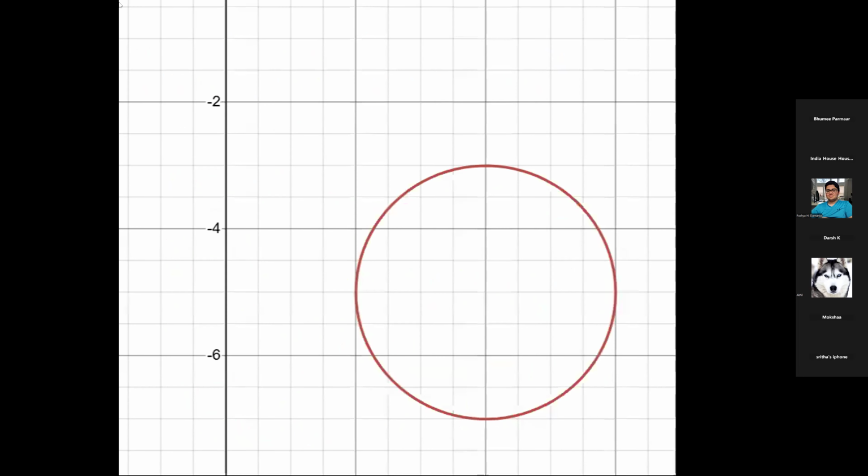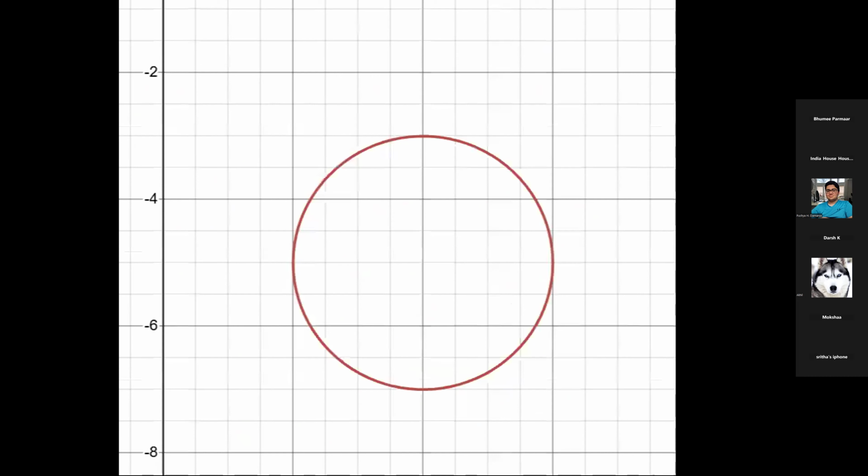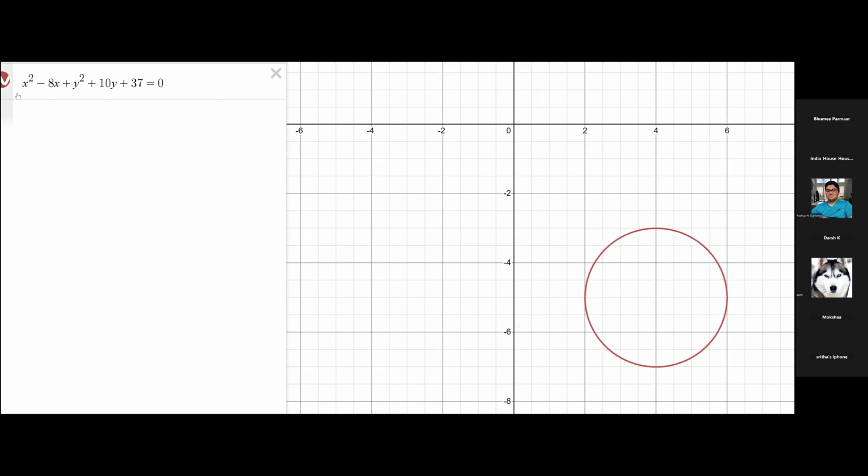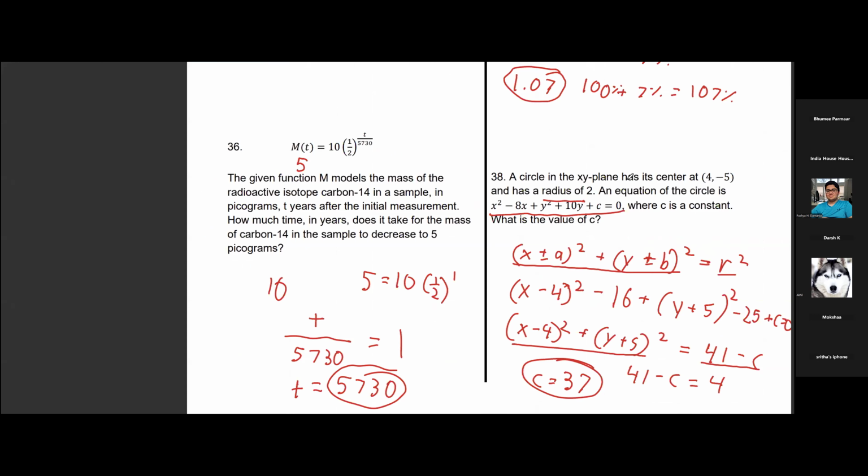Okay, so I just plugged it in to show that what we got is correct for C. So x squared minus 8x plus y squared plus 10y plus 37, I just plugged in what we got for C, which is 37, equals 0, and we get a circle with a radius of 2 and a center of 4, negative 5, and as it says in the question, it has a center of 4, negative 5, and a radius of 2. So that means we cross-checked it, and the correct answer is 37.